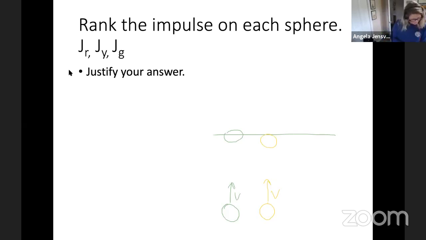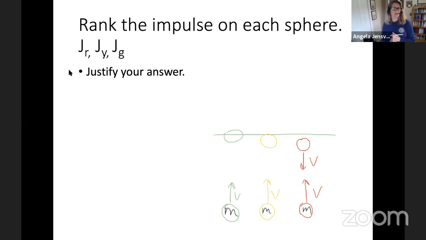Okay, and then I had a red ball and it was moving with speed v, and then it hit the side of the pool table and it bounced back. I hope you noticed that I was able to launch all three spheres with the exact same speed. Amazing. Okay, and they all have the same mass. All of these spheres have the same mass.